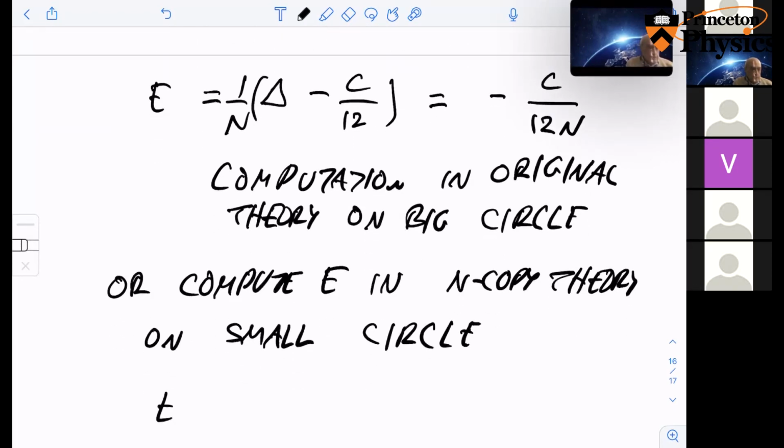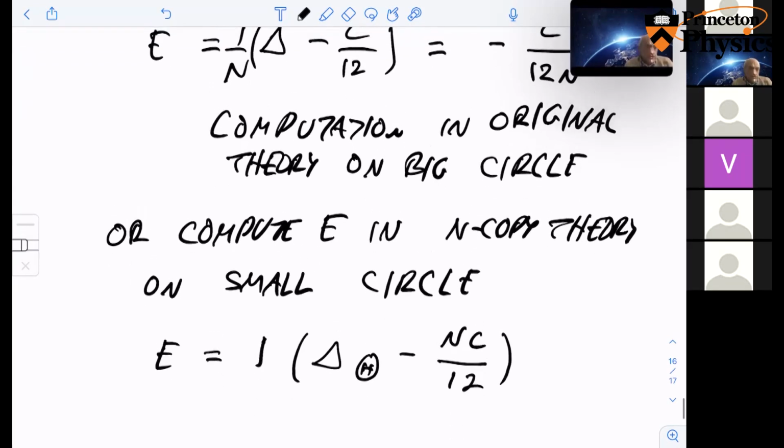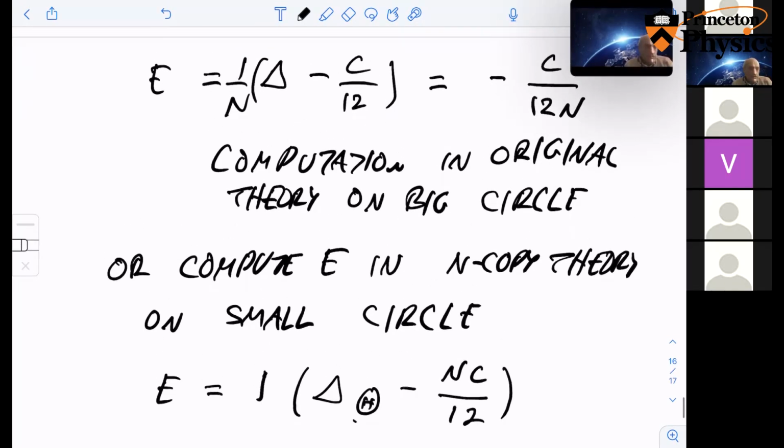Then there's no n. The 1 over n is replaced by 1, but delta has to be replaced by delta theta, and C has to be replaced by n times C, because the n copy theory has C which is n times bigger. So the second computation says that the energy is 1 times delta theta minus n times C over 12.